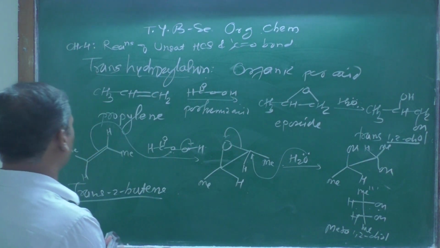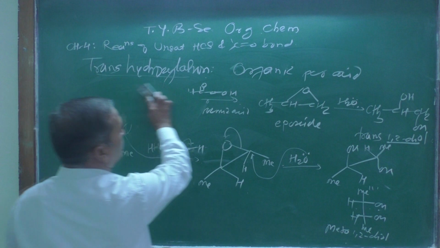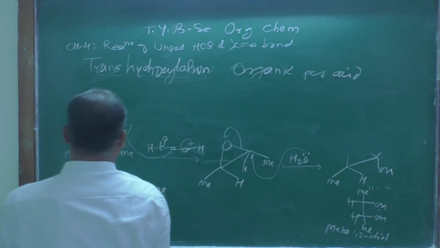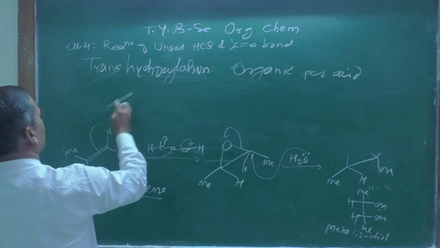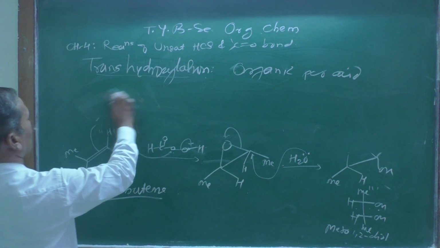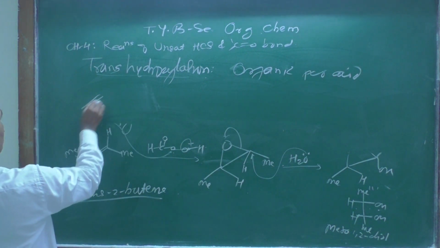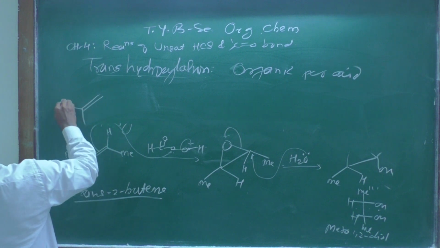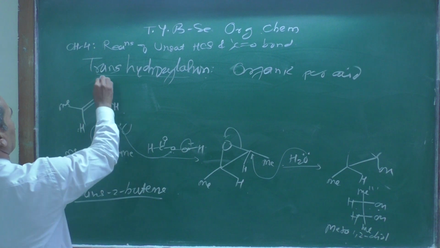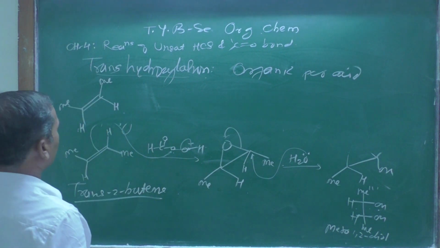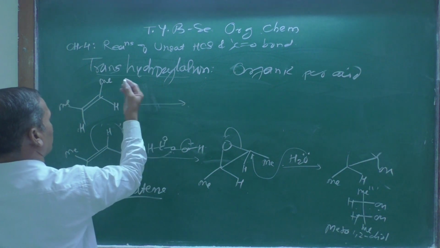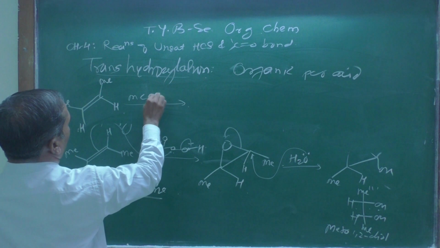If you start with cis-2-butene, as we know cis-butene can be written like this, double bond, then here Me, here H, then cis, as we know that H. Both the methyl groups are on the same side, and then that will be treated with per acid, peroxy metachloroperbenzoic acid suppose.